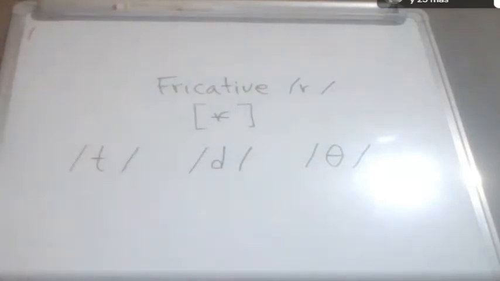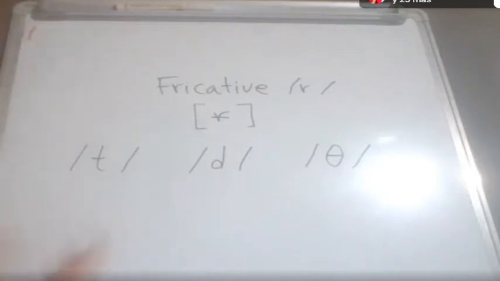So I would say, for example, try, right? You hear like a friction when it comes out, like try, dry. You hear that friction. And also when you say throw, even though that friction is not so audible because the th sound is pretty low in frequency. But there is some friction, like thread.